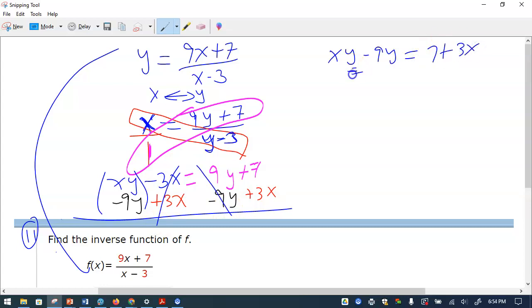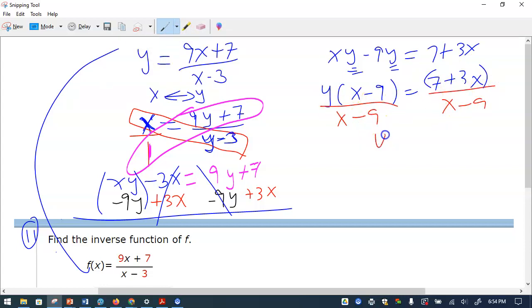Then you can see that the y is multiplied to both x and 9. So we can write y, undo the distributive property, and write this as x minus 9, 7 plus 3x. Now you divide both sides by x minus 9, and you get y, this crosses out, and you get 7 plus 3x over x minus 9.